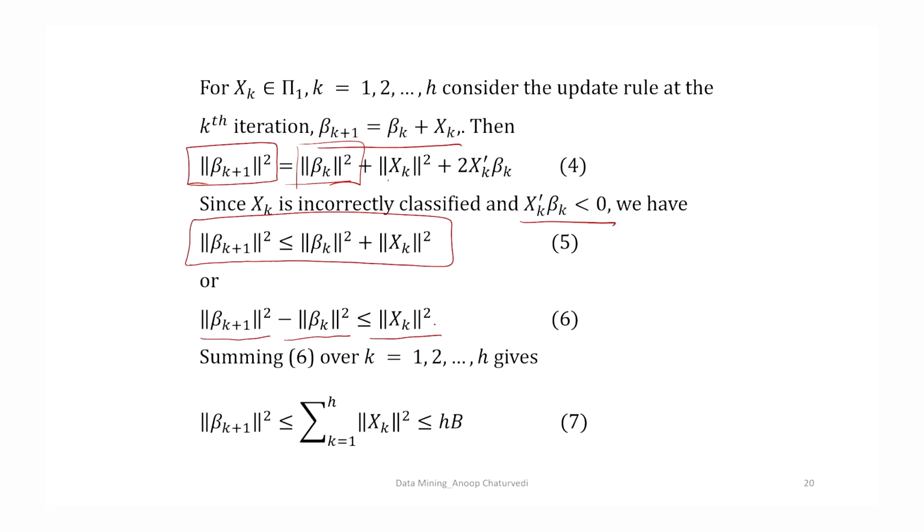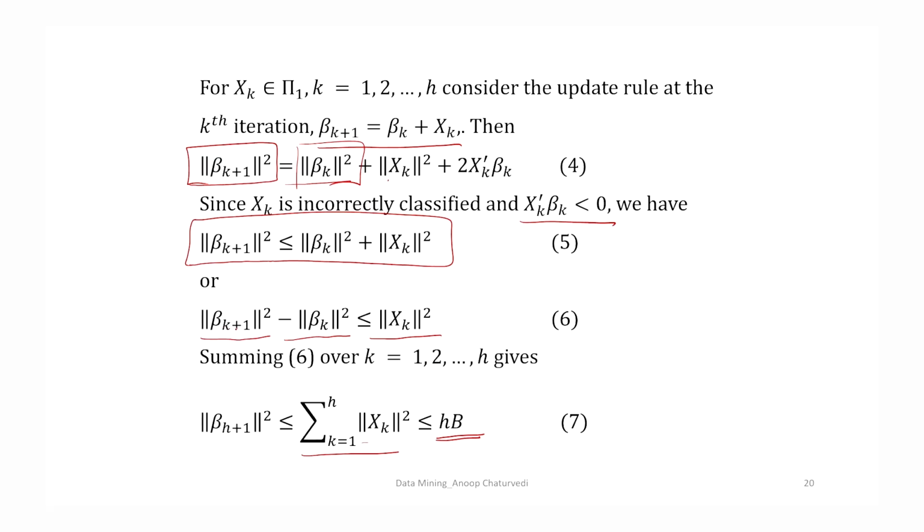Now, we take summation of this equation over k equal to 1 to h. So, finally, what you get? Norm of beta h plus 1 square less than or equal to summation k equal to 1 to h of norm of x_k square, and then this quantity is less than or equal to h times B. Remember that if we take summation over k, then for k equal to 2, what you get?